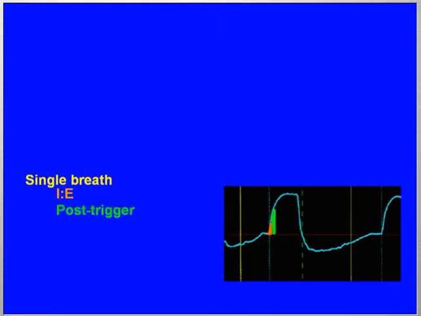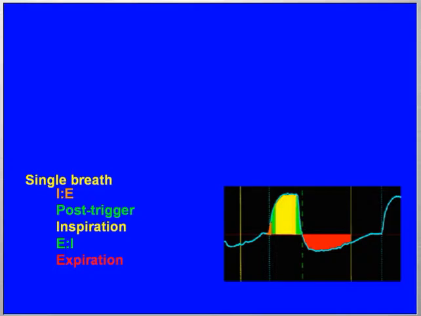And then we have the immediate post-trigger phase, which is part and parcel of inspiration. Then we have the bulk of inspiration. And then we have the E to I, or expiration to inspiration switch point. And then we have expiration. And of course, all of this occurs over multiple breaths. So we have to not just look at the single tree, but we have to look at the entire forest. As we go along in this talk, I will try to exemplify that.